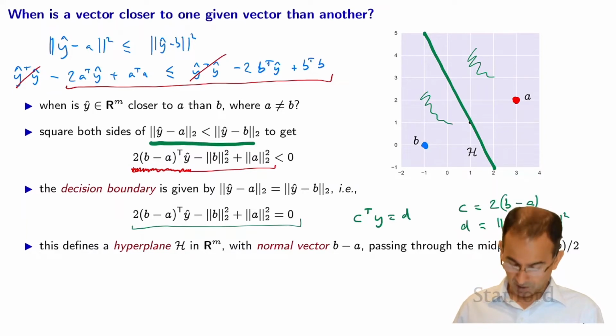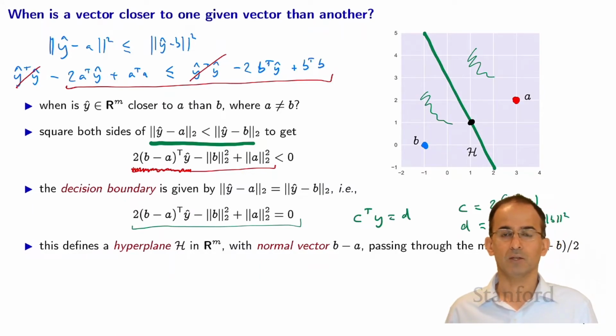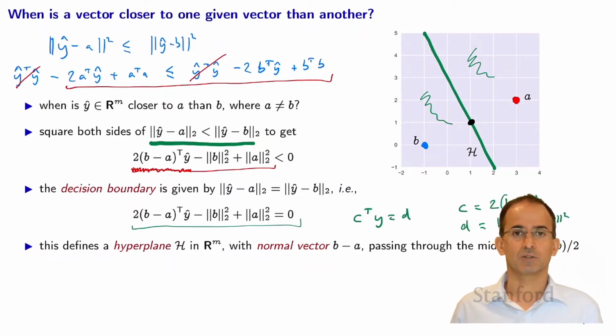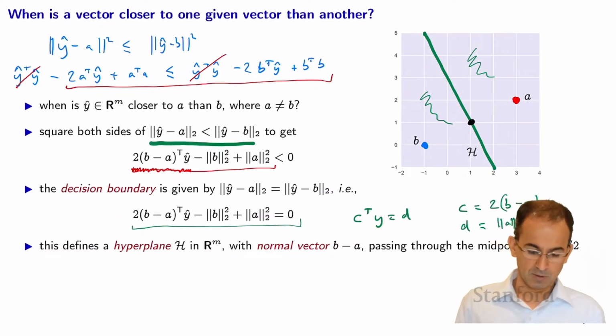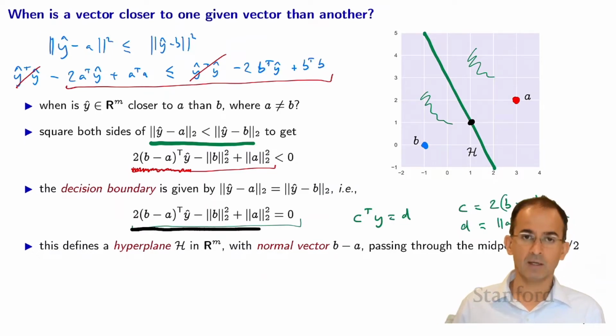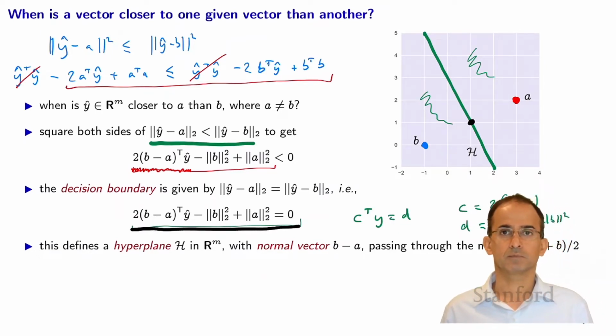And this hyperplane has to pass through the midpoint of a and b. And you can check that it does by substituting y hat equals (a plus b)/2 into this equation right here and checking that you get 0.